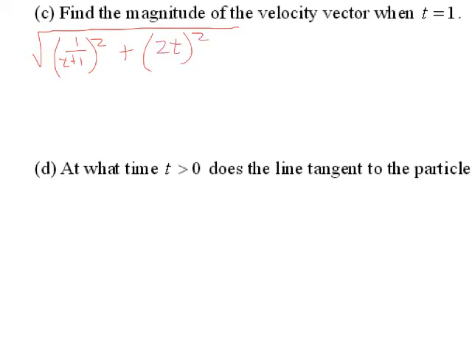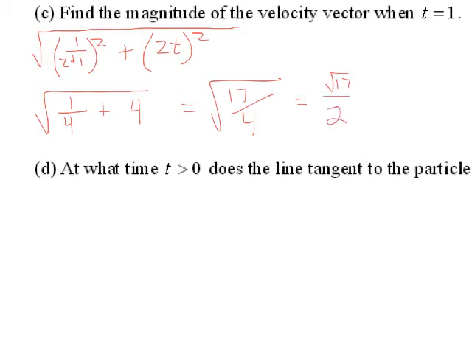And since we're doing this at time 1, we can plug 1 into this and we get 1/4 plus 4, and that is equal to the square root of 17/4, or the same as the square root of 17 over 2. And if you're dying to know what that is roughly with the calculator, you could type it in and find that that is about 2.062 units.